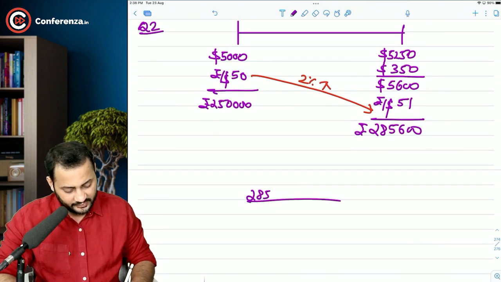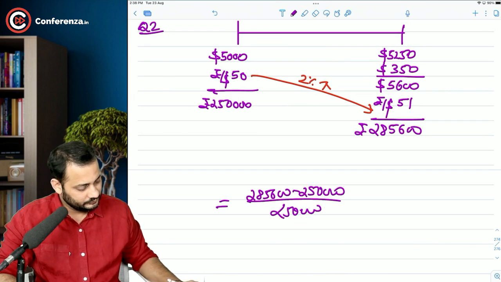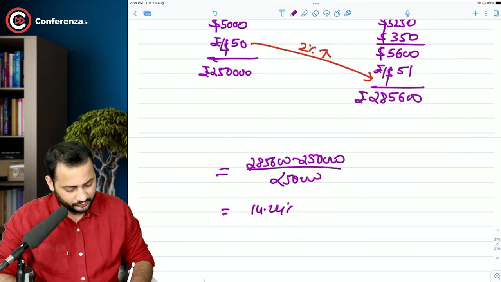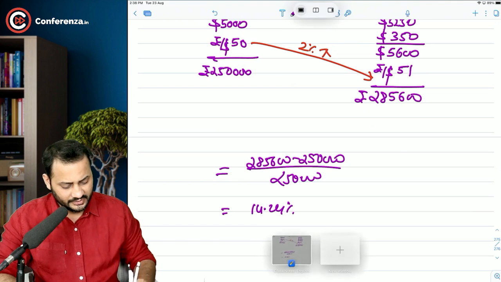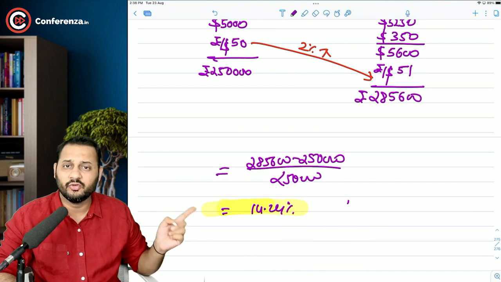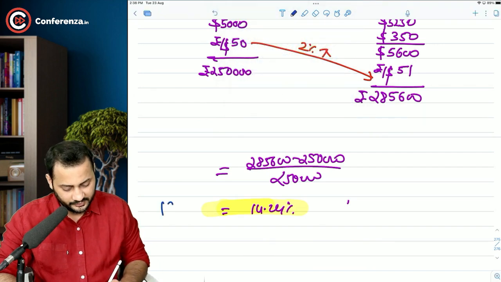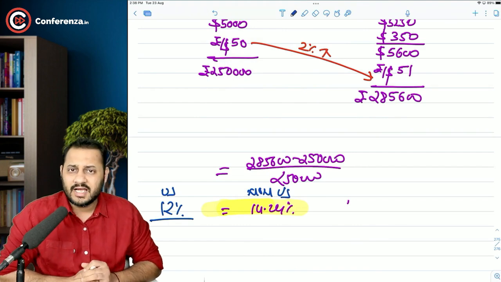It's very simple. 285,600 minus 2,50,000 divided by 2,50,000 comes to 14.24%. So you can see that the return to the non-US investor is 14.24%, and the return to the US investor was 12%. This is for the US investor, this is for the non-US investor.